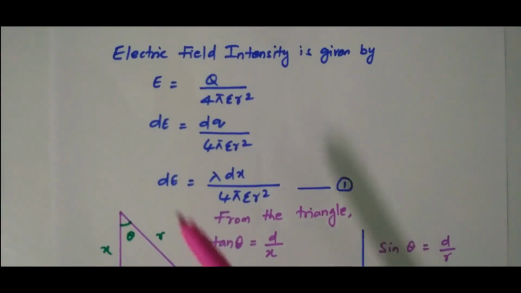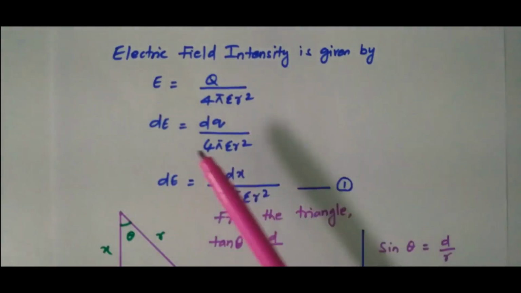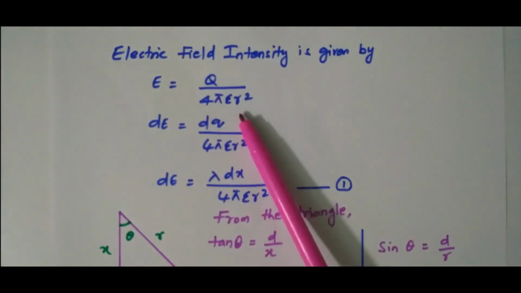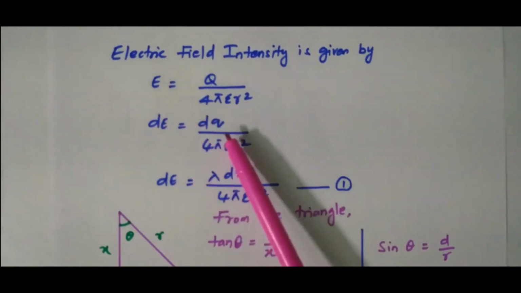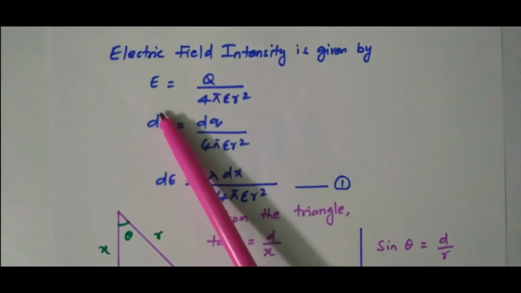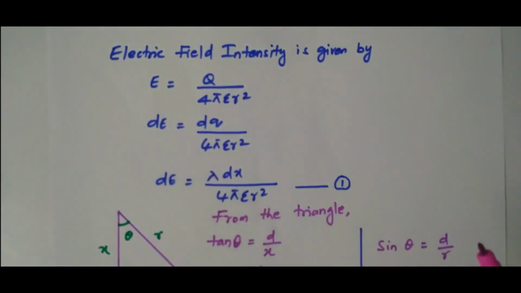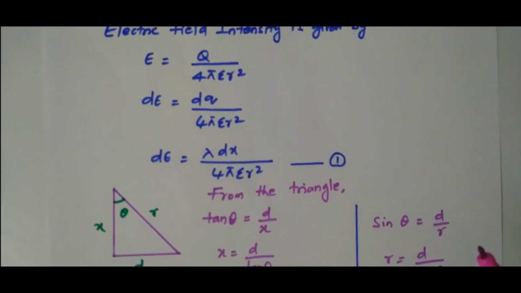Now we'll see the electric field intensity. The general formula we just discussed: E equals Q divided by 4 pi epsilon R square. That is the general formula for electric field intensity. We consider the small charge dq, so the electric field intensity is also small, dE. Further we can go for integration, and at that time we will get the total electric field intensity.